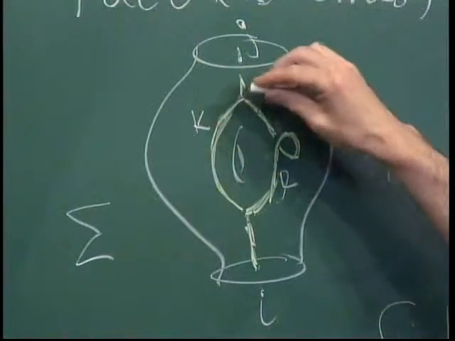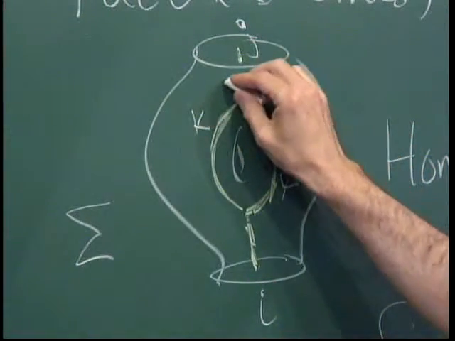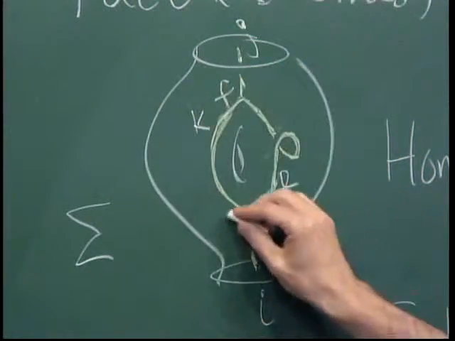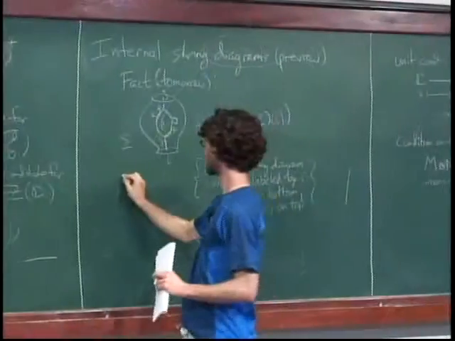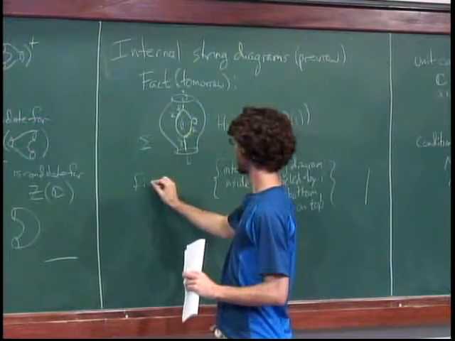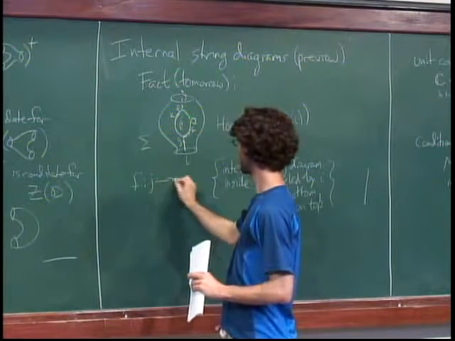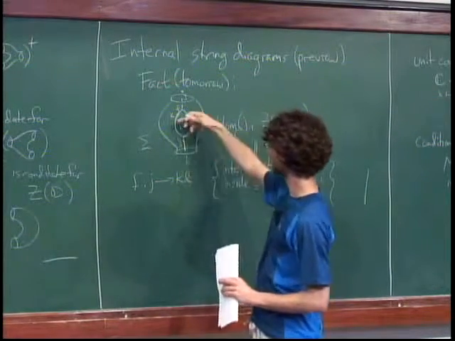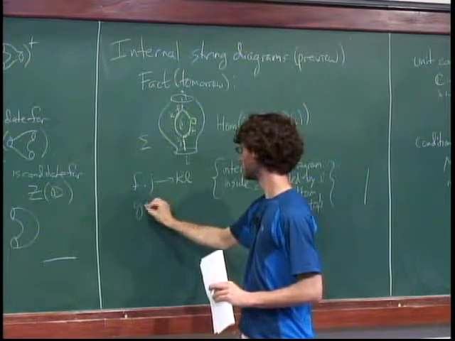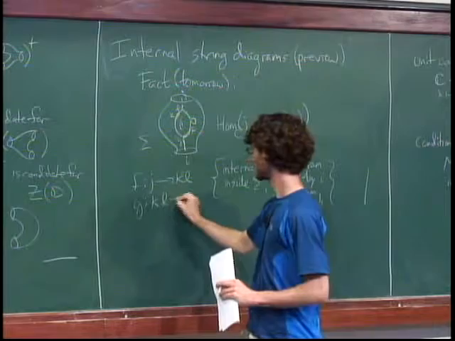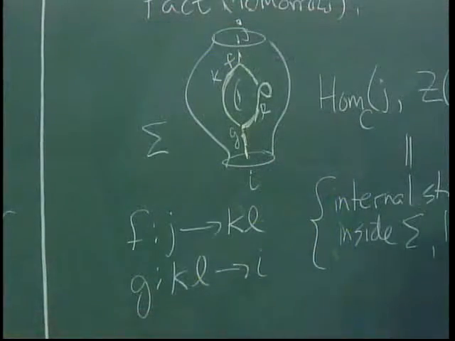And whenever I see a vertex, I have a label of that vertex too. So let's say that one's labeled F, and that one's labeled G. F has to be a morphism from J to the product of the strings that are below it, K and L, and then G needs to be a map from, say, K L to I. So that's an example of a kind of string diagram, and what am I allowed to do?